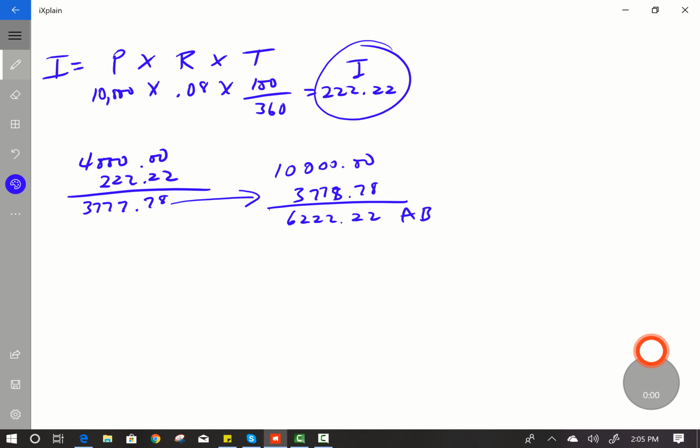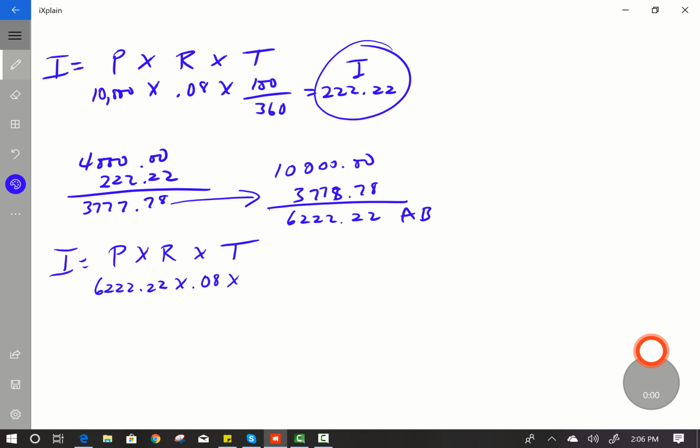Okay, now for the second step of this, I'm going to use interest is equal to principal times the rate times the time. So our new adjusted balance of $6,222.22 times the rate of 8%, or 0.08 after moving the decimal point 2 places to the left.